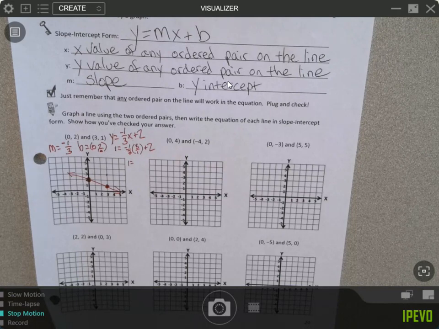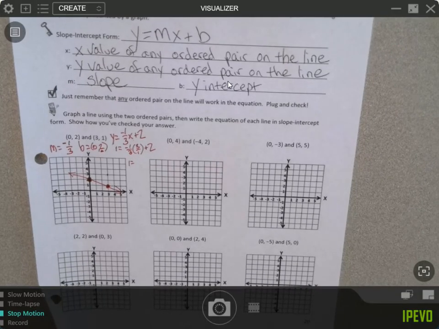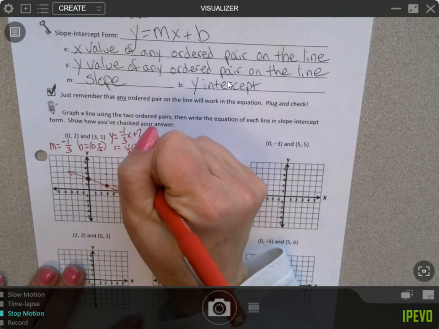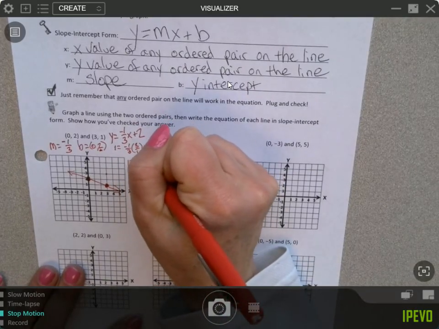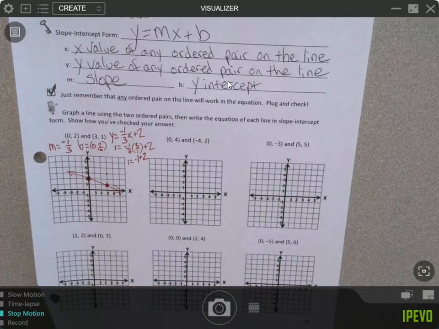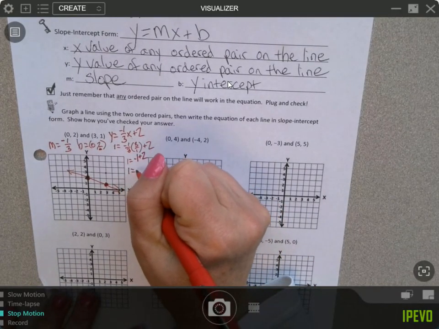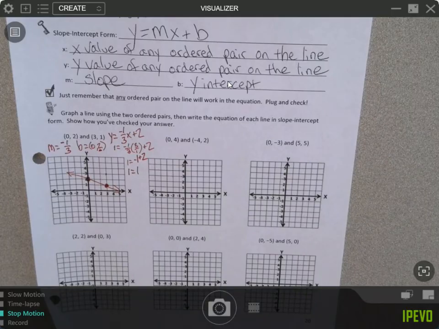What do you think, Eleanor? Negative 1/3 times 3. Eleanor? Negative 1 plus 2. What is negative 1 plus 2? Claire? 1. Does 1 equal 1? Yes, it does. I did my graph correctly.